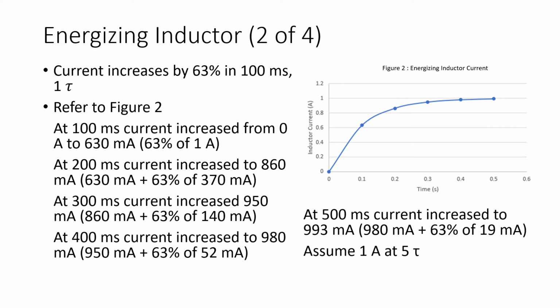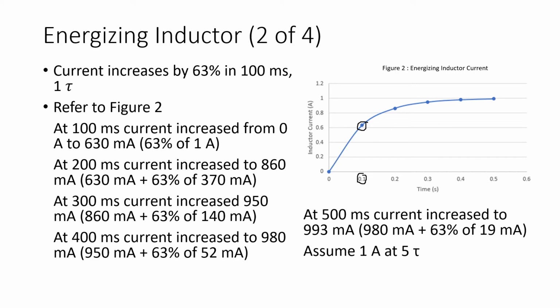In figure 2, we see a plot of the inductor current as a function of time. At one time constant, 100 milliseconds, the current has increased by 63%, reaching a value of 630 milliamps.